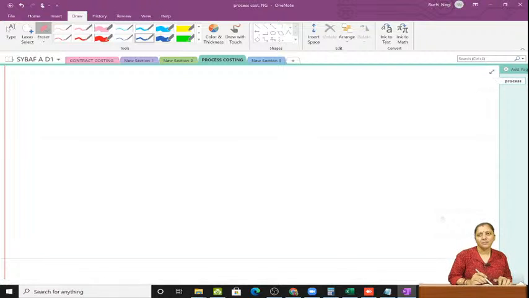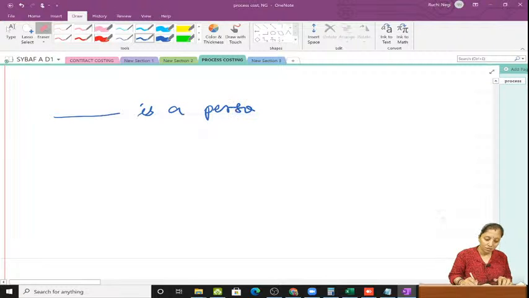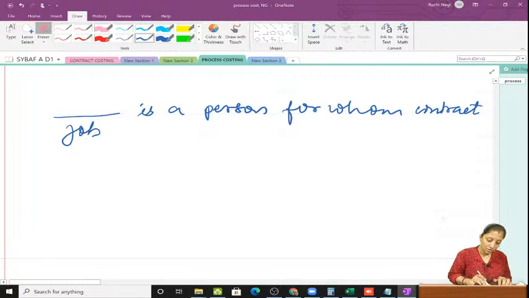और एक हमने अभी beginning में किया था. Let me revise it with you all. अभी just beginning में I had revised. Dash is a person for whom contract job is undertaken.